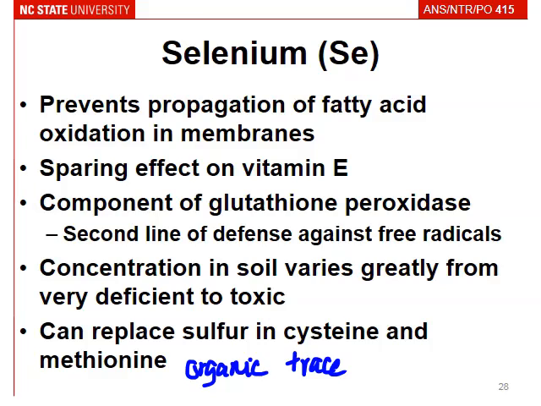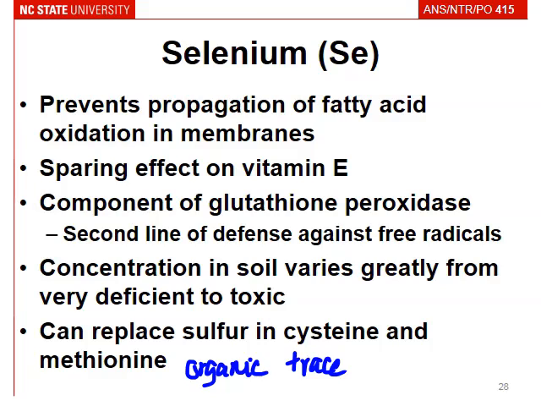As you can recall, our cysteine is used in disulfide bonds, so if we have too much selenium in the form of selenocysteine, then we are not going to be able to form our disulfide bonds, and we're going to have improper folding.